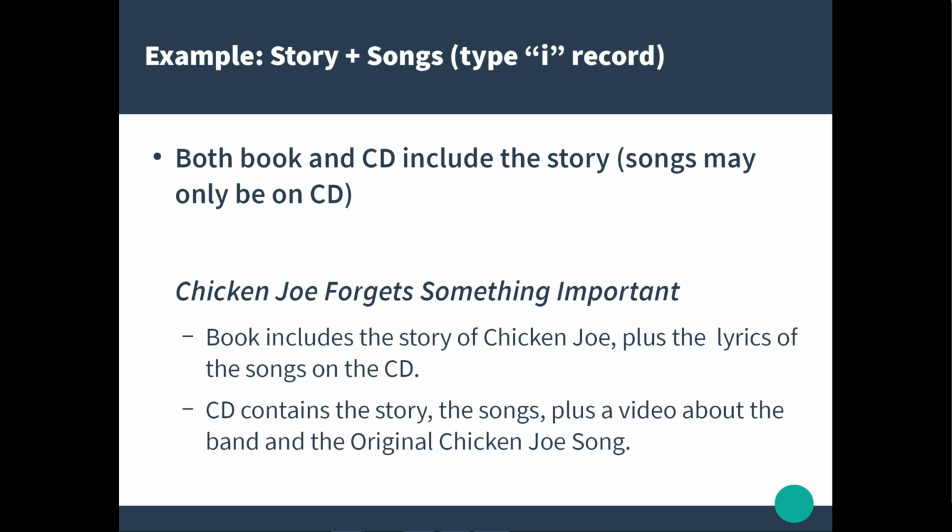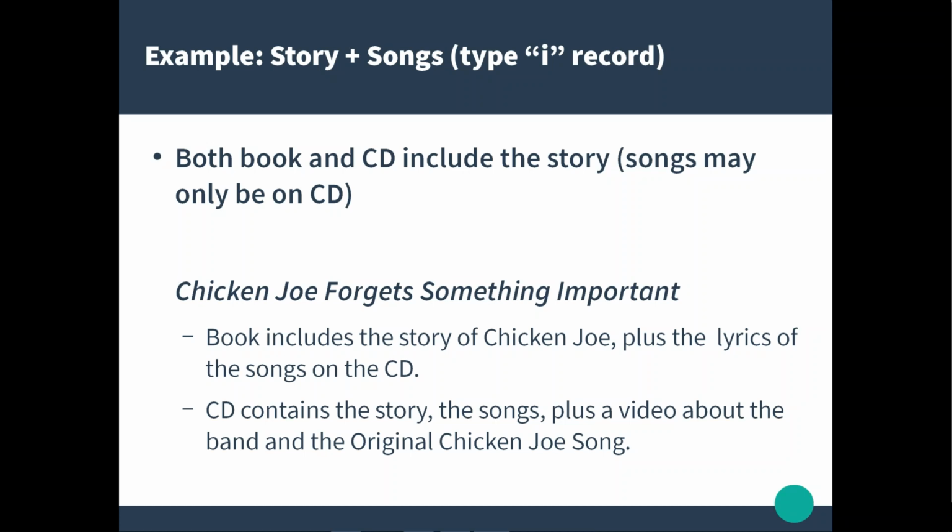All right, thanks. But of course, if the CD went missing, then we would obviously have to change the record type to a type A, because then it's the physical book itself that becomes important.